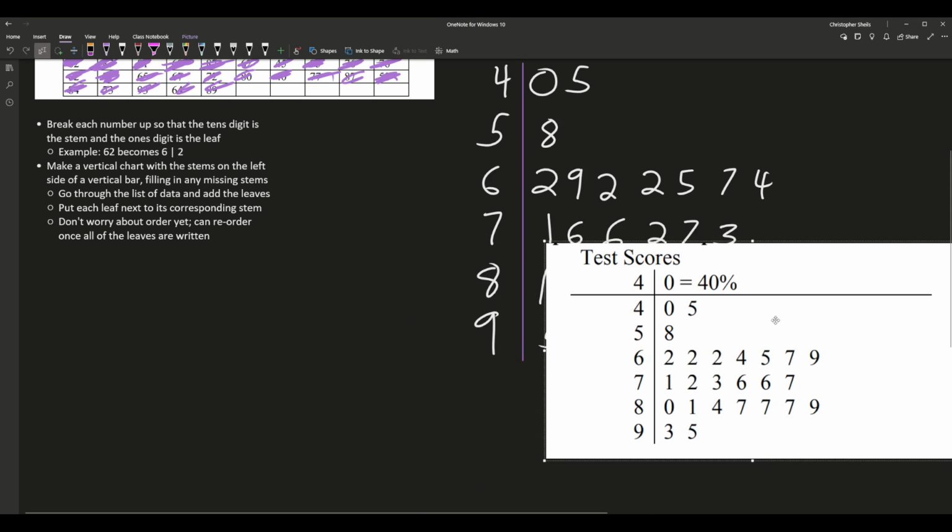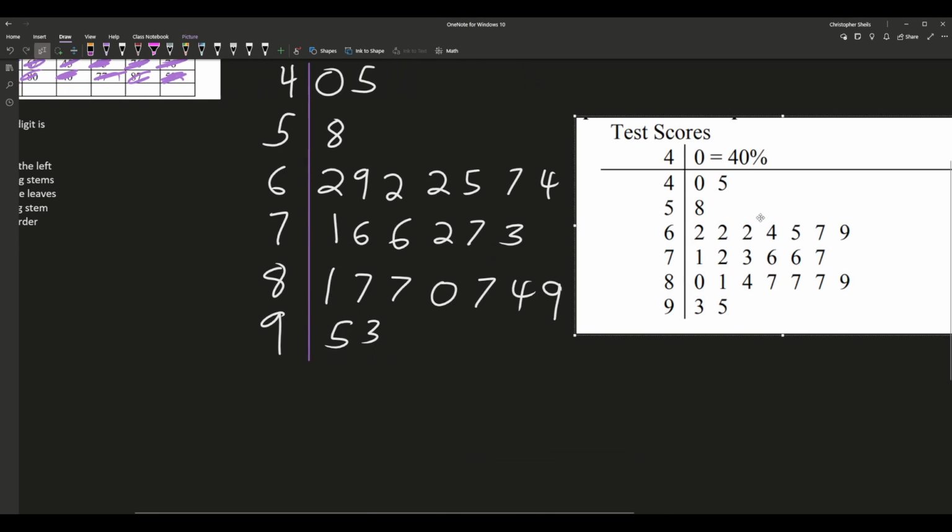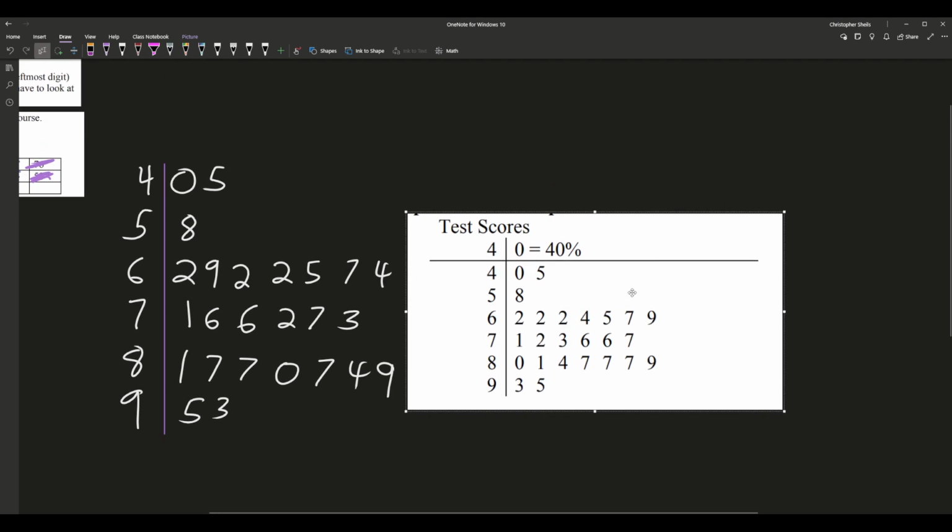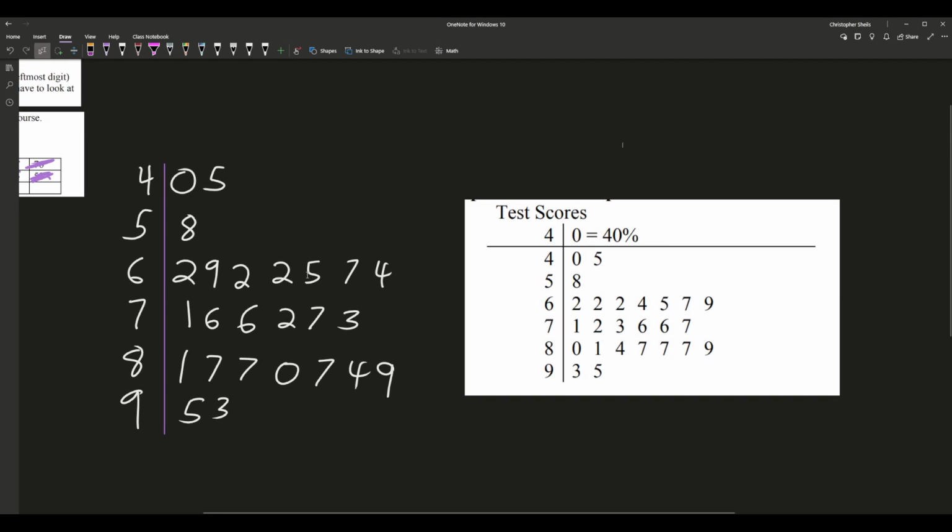Let's compare to our stem plot here. Let's see. 2, 2, 2. We have 3 2s. They have 3 2s. 4, 5, 7, 9. Good. 7, 1, 2, 3, 6, 6, 7. Got it. It looks like everything lines up perfectly here.